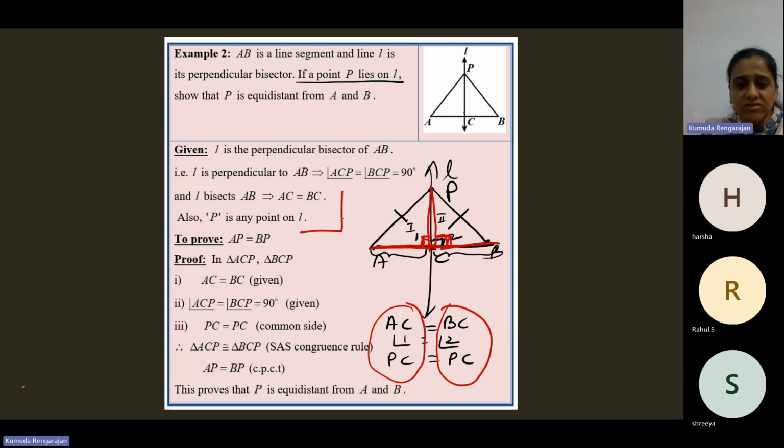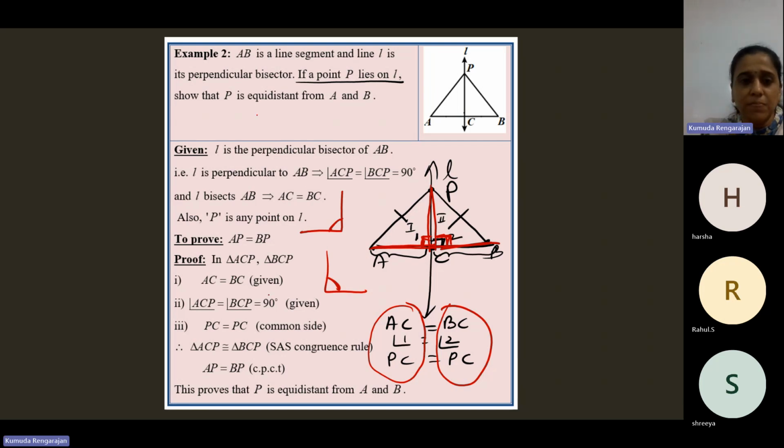For these two sides, this is the included angle. And that's what we have mentioned. Angle 1 is equal to angle 2. The included angles are equal. So the two triangles are congruent by the SAS congruence criterion.